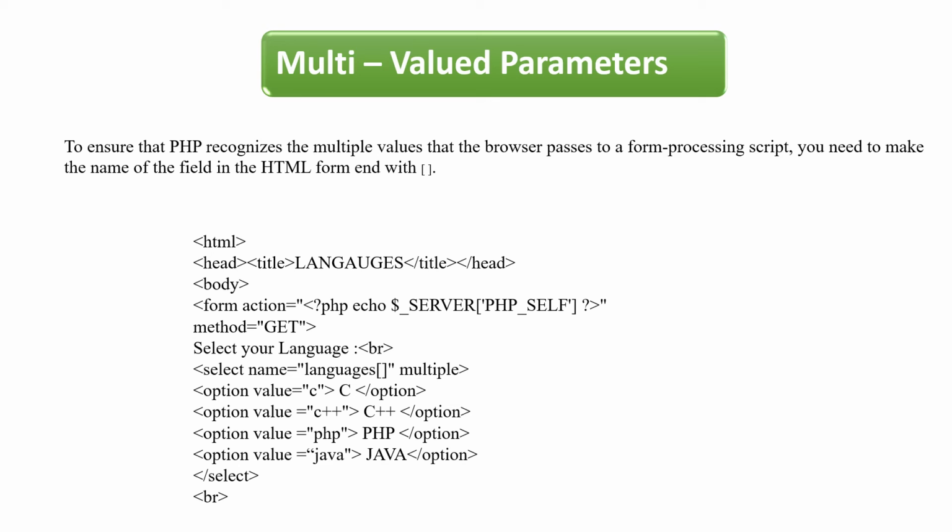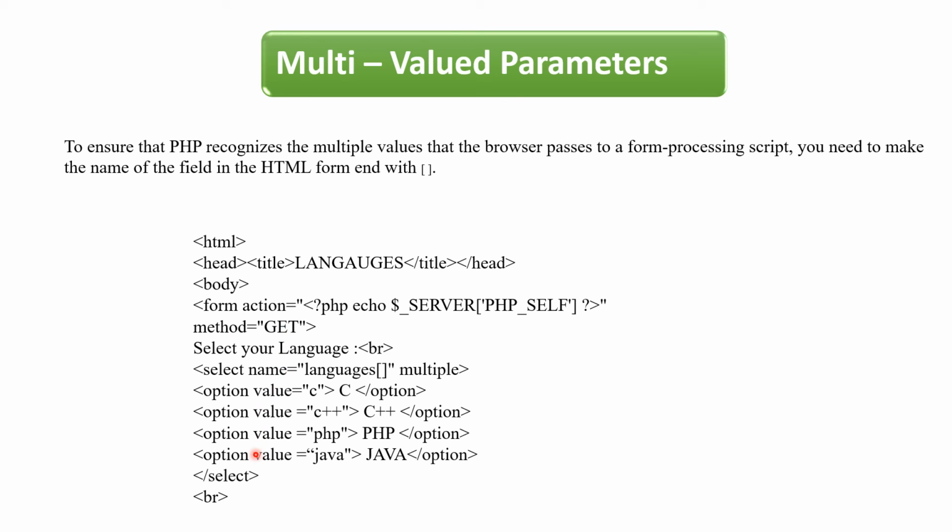This is the code of the multi-value parameter, and here we save both HTML and the PHP script in the same file. In this code we also use the self-processing page. We set the title as Languages, and set method equal to get.